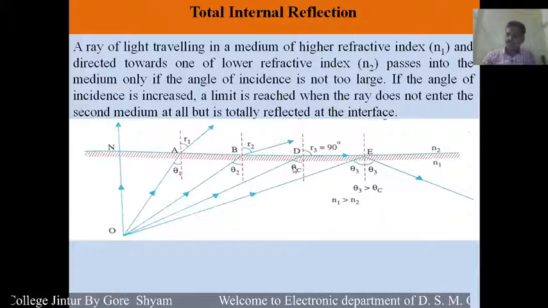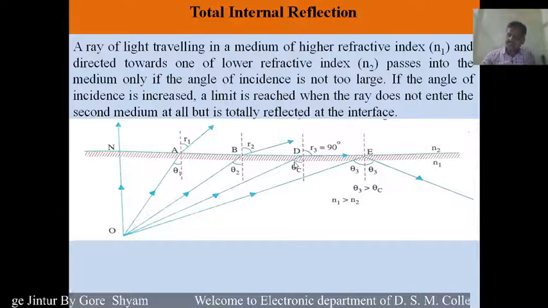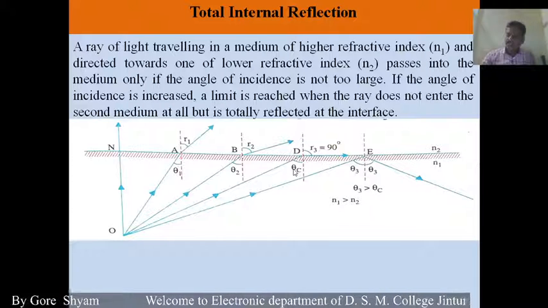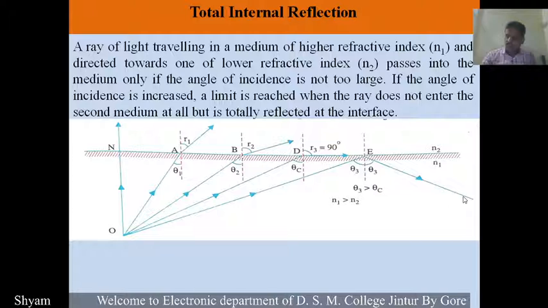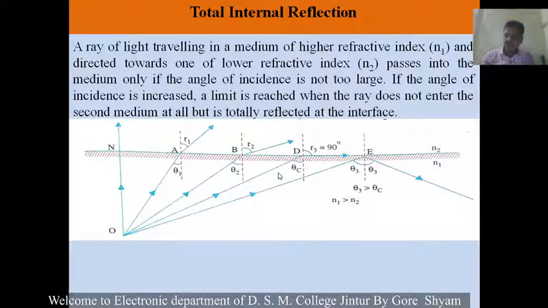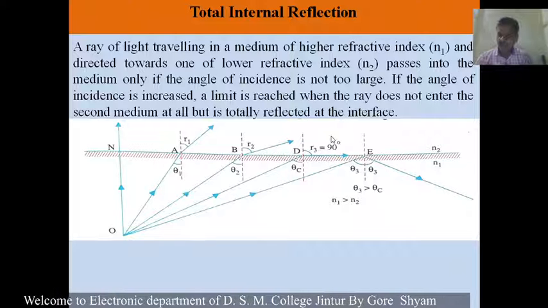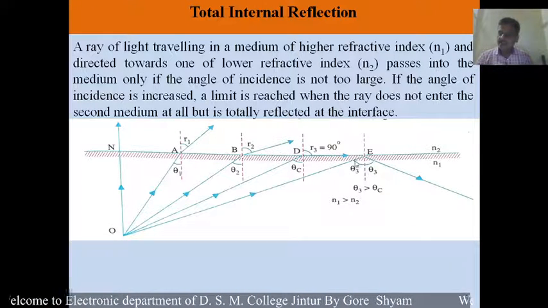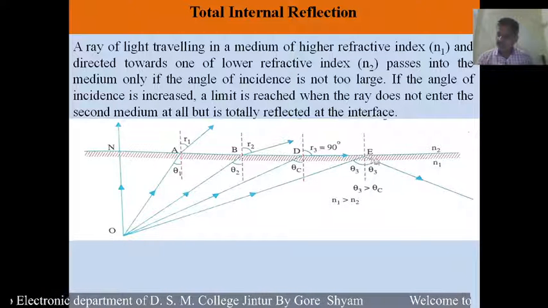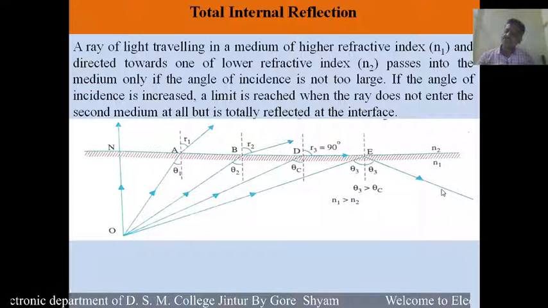If the angle of incidence is greater than this critical angle, then the light is totally reflected. Instead of refracting from one medium into another, the light does not move into the other medium, but comes back into the same medium.